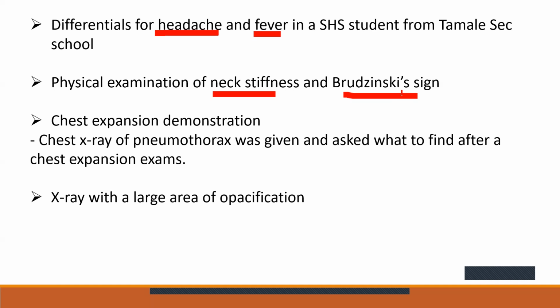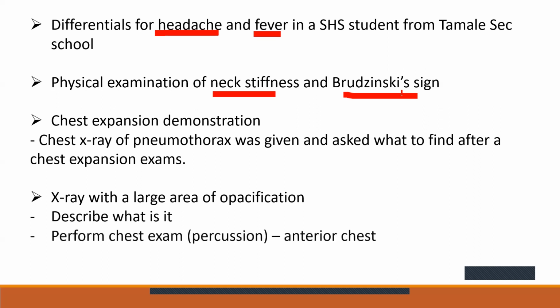So an x-ray of a large area of opacification was given. They were asked to describe what it is and to perform again a chest exam. So what I mean is that when you are given an x-ray, you must be able to explain it. You must know what they all mean.